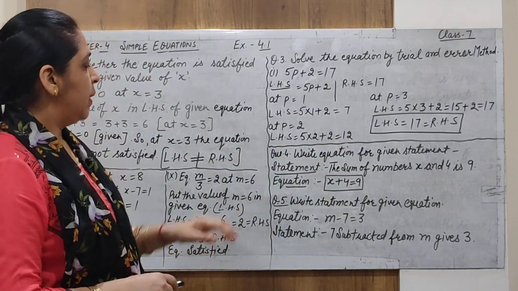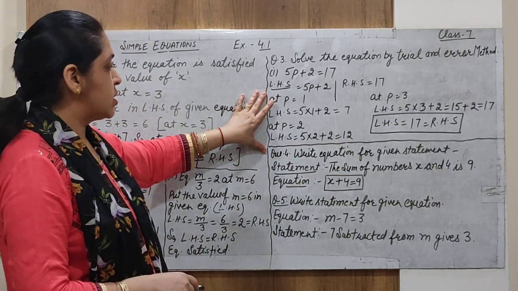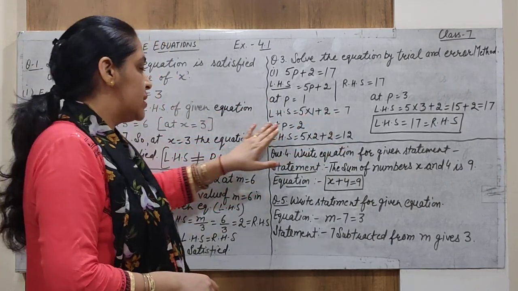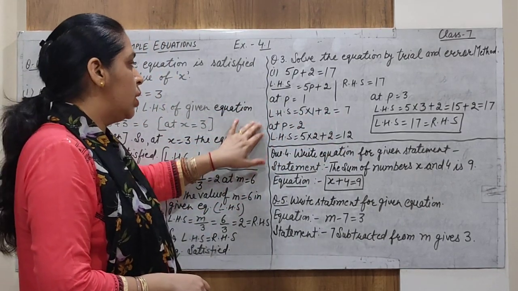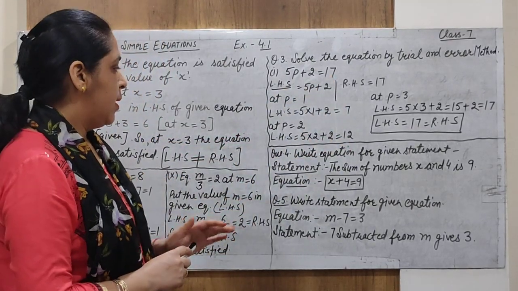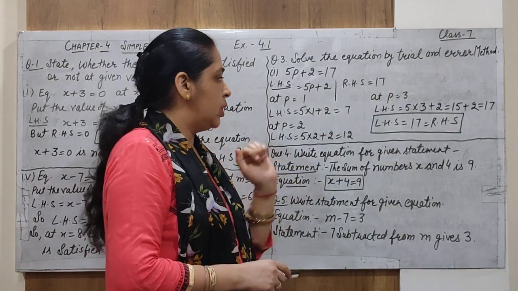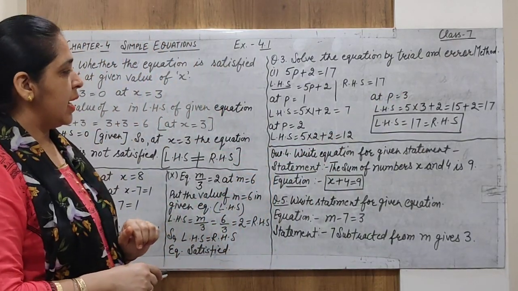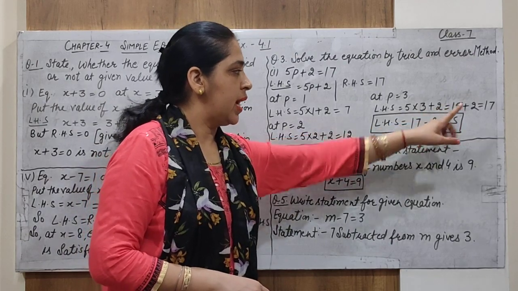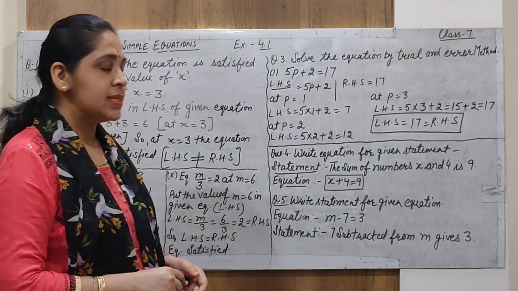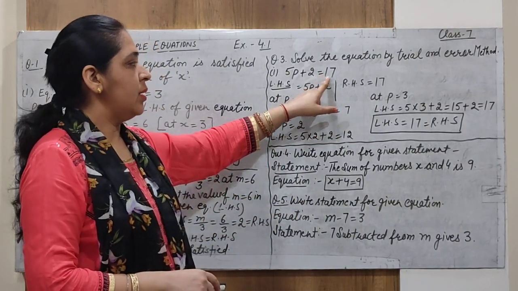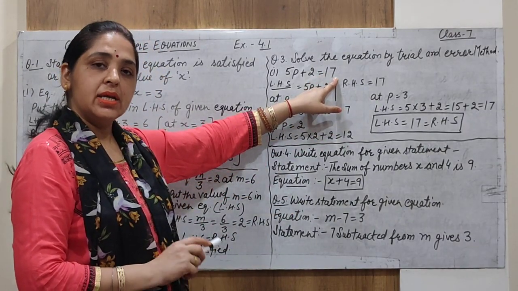After putting p is equal to 1, we didn't get the right hand side. Similarly, at p is equal to 2, the result is 12, not 17, which we required. Now, at p is equal to 3, the left hand side is 5 multiply 3 plus 2. We get 15 plus 2, that is 17. 17 is what we required because that is our right hand side.